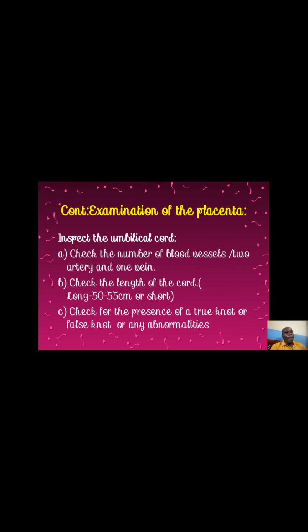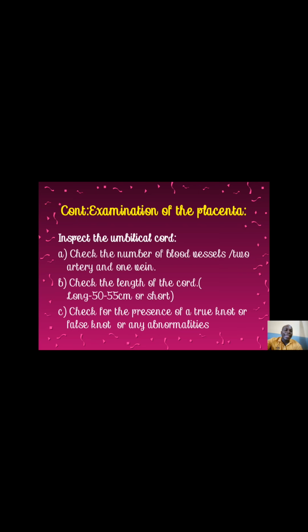Inspect umbilical cord. Check the number of the blood vessels. Umbilical blood vessels zipo za aina mbili. Kuna 2 arteries and 1 vein. Kumbe arteries kwenye umbilical cord zipo mbili, na hizi zina carry deoxygenated blood. But umbilical vein ni moja na hii ina carry oxygenated blood.